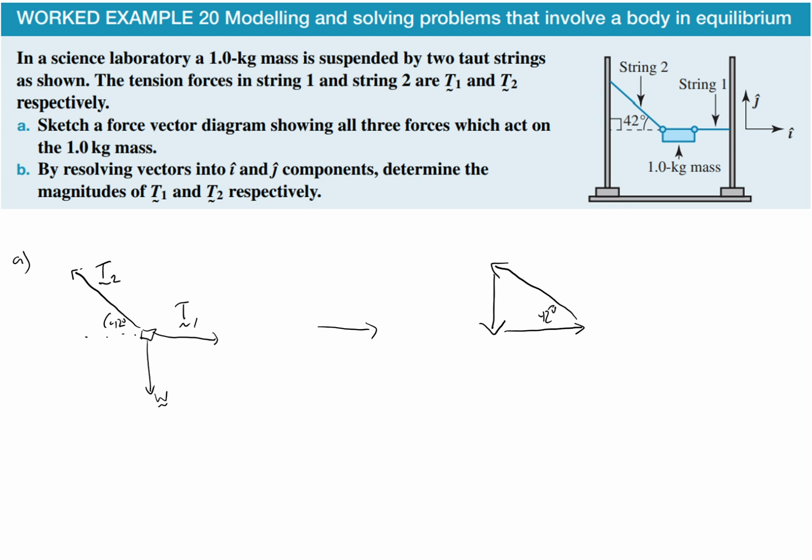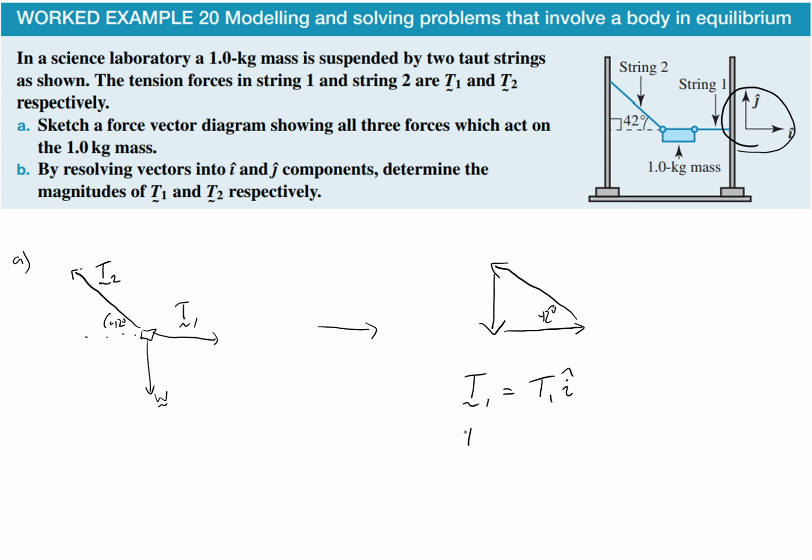Now, in terms of i, j, and k, looking at the vectors up the top here, we can say that T1 is going to be only i vectors. So T1 is going to be T1 i. Just to say that T1 without the tilde on it is the magnitude of T1.